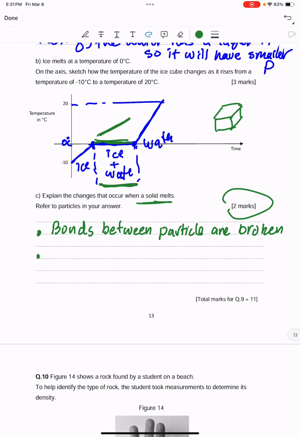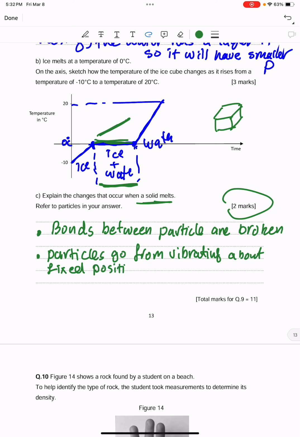So the second thing happening here is that the particles go from vibrating about fixed positions, which is the case with solids, to sliding past each other. This is the second point.